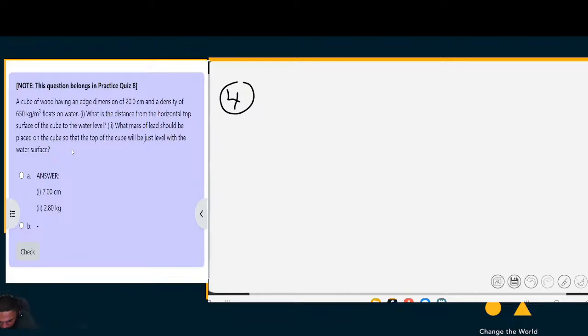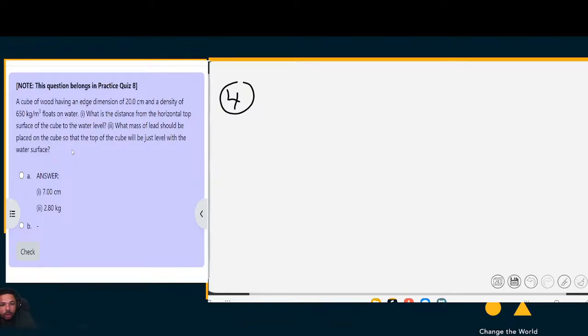Okay, now the cube has a side of length L. Okay, 20 centimeters, so it's called L. Now, when floating, the top of the surface is a certain distance away from the water surface. Okay, the buoyant force supports the weight of the block.